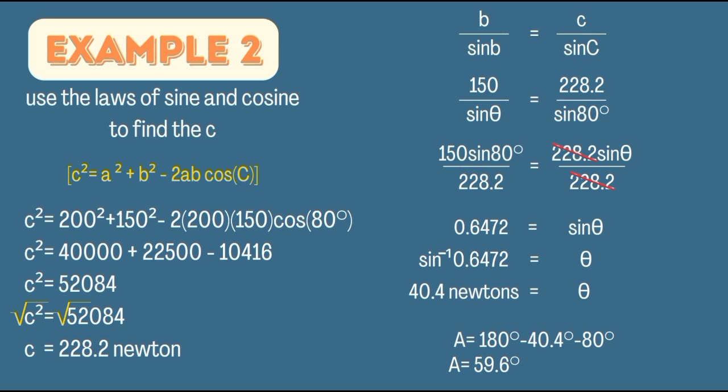Sin theta will be transposed. It will become sin negative 1 of 0.6472. It will be 40.4 degrees. So, the final angle will be 180 degrees minus 40.4 minus 80, which is equal to 59.6 degrees.